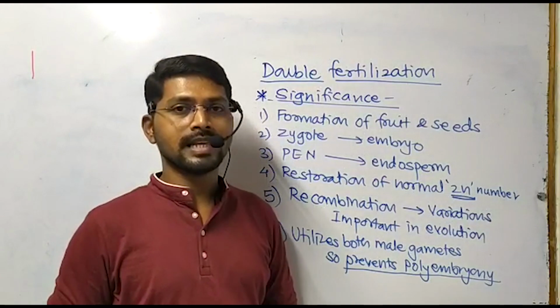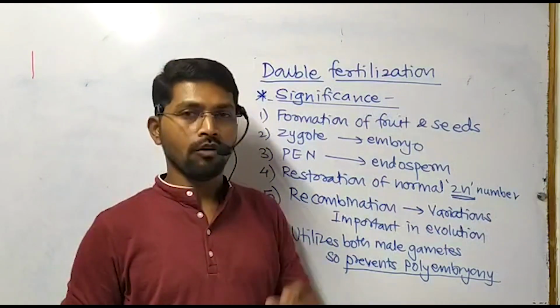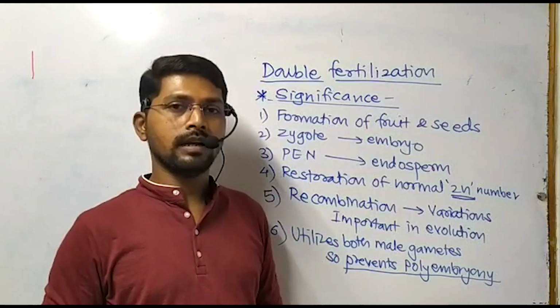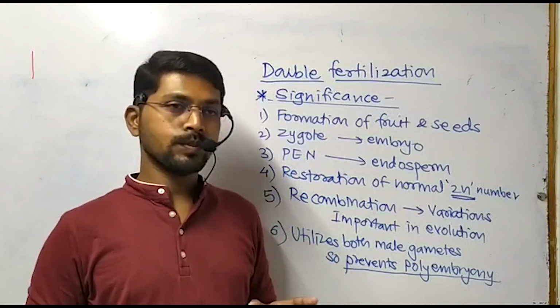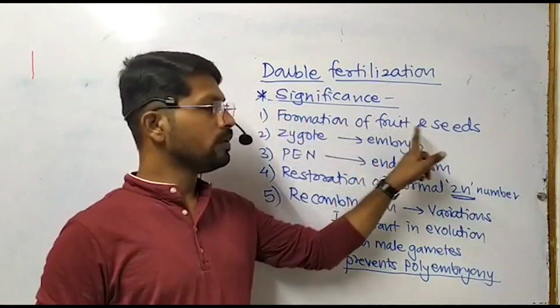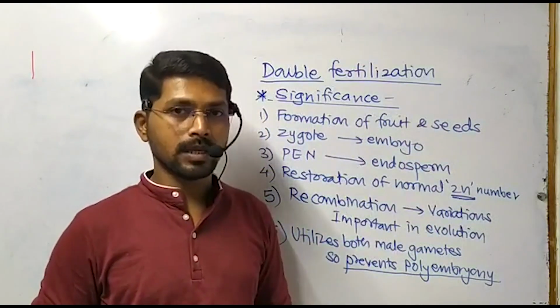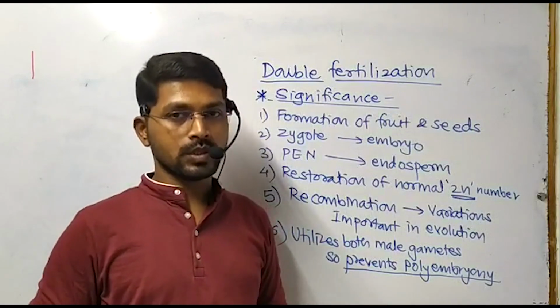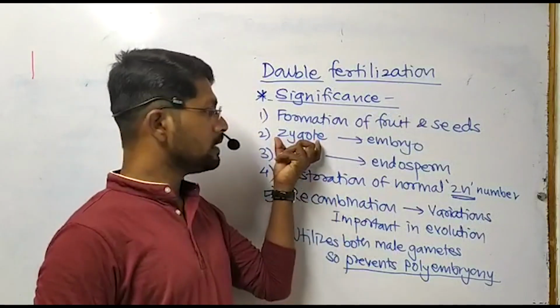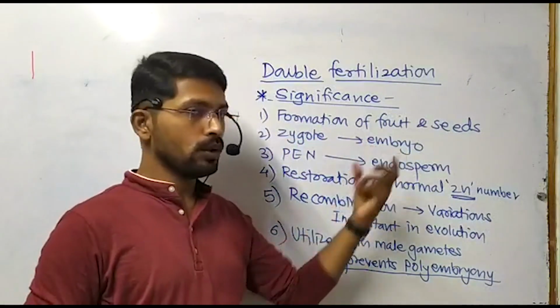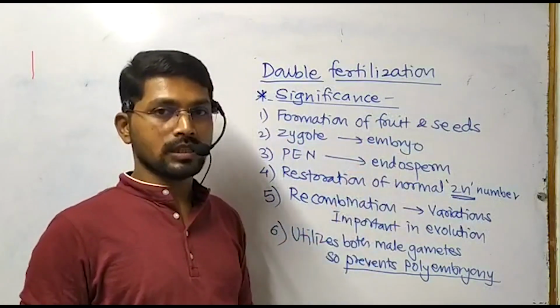Let us discuss the significance of double fertilization. First and foremost, double fertilization in angiosperms is responsible for formation of fruit and seeds. The second important thing is that by means of syngamy, where the male and female gametes fuse with each other and form the zygote, this zygote divides and redivides to produce the embryo, which will develop the further generation.